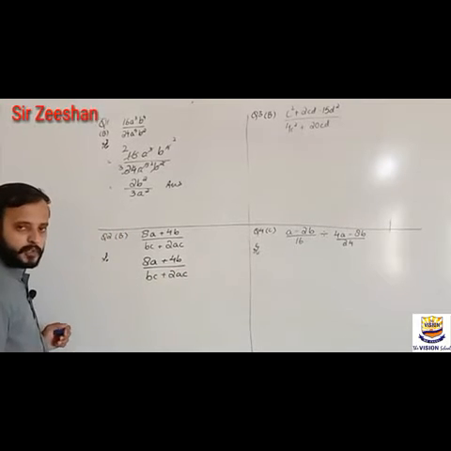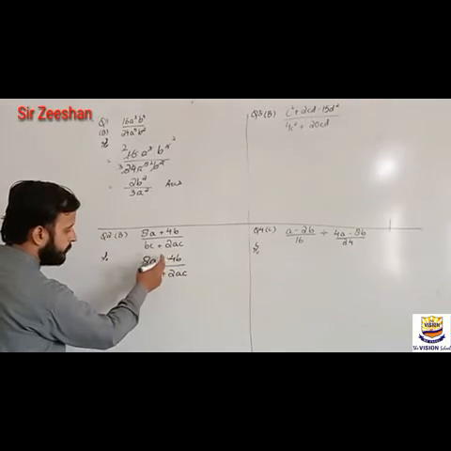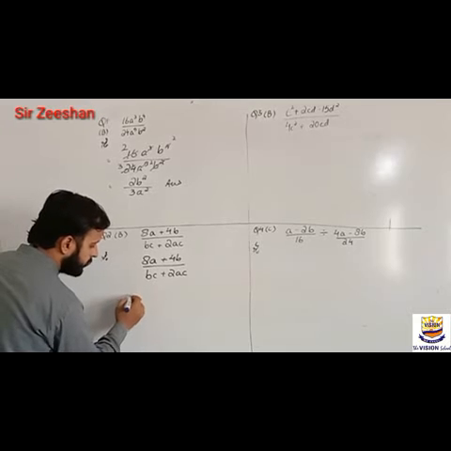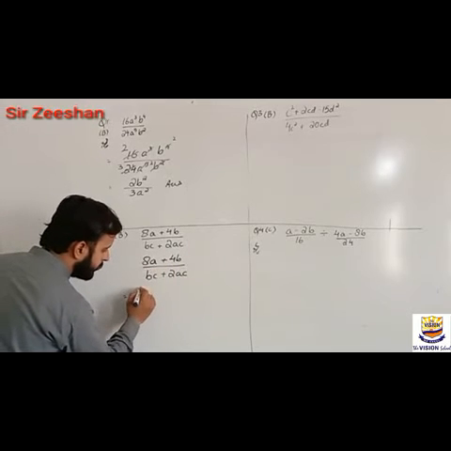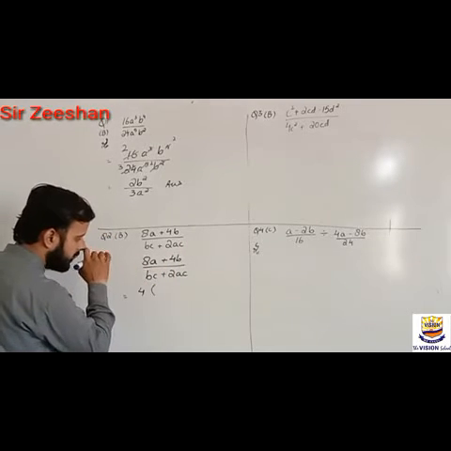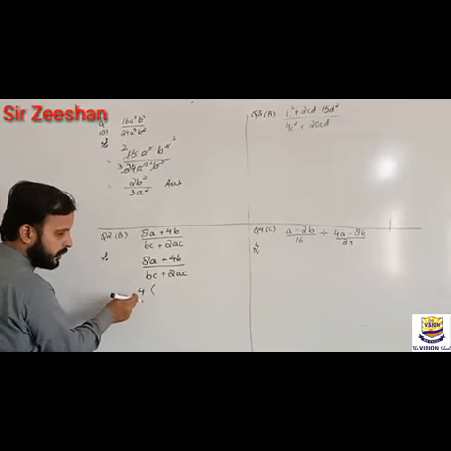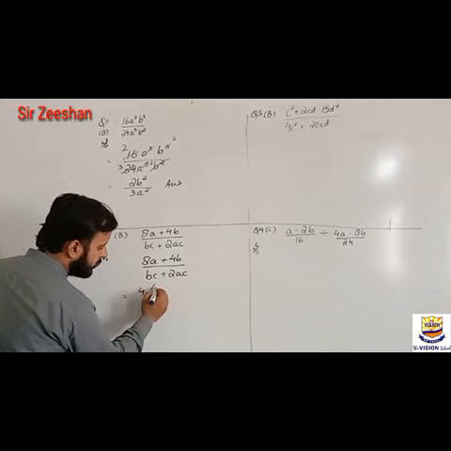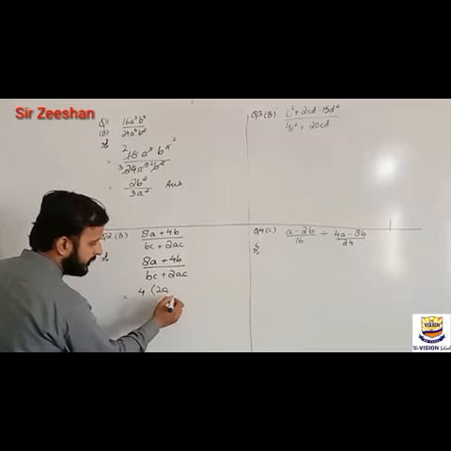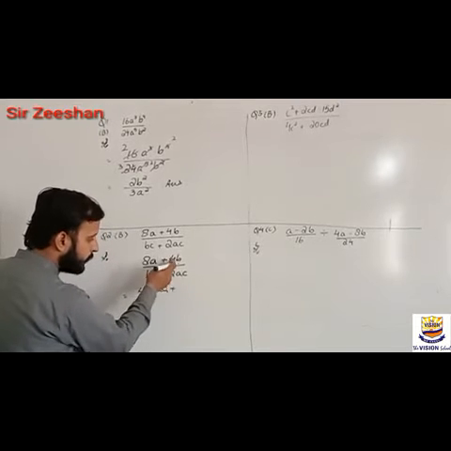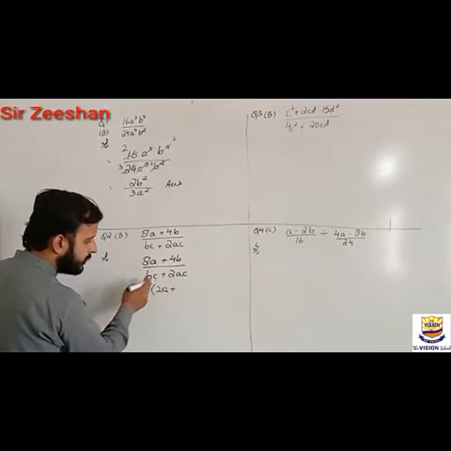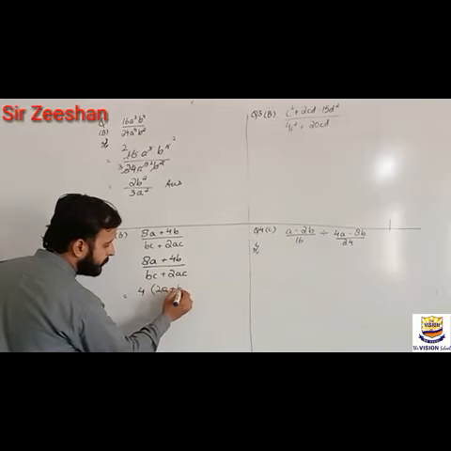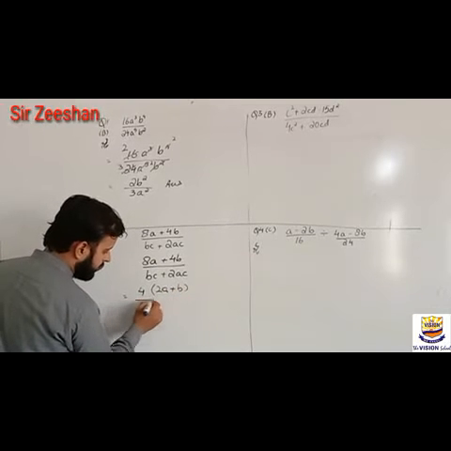After that, we'll look for the common values in both the terms. 4 is common. I have taken 4 common here. So what will be the multiple of 4? 2, and then a will be remaining here, plus 4 I have taken as common and only b will be remaining here. Okay, that's good.